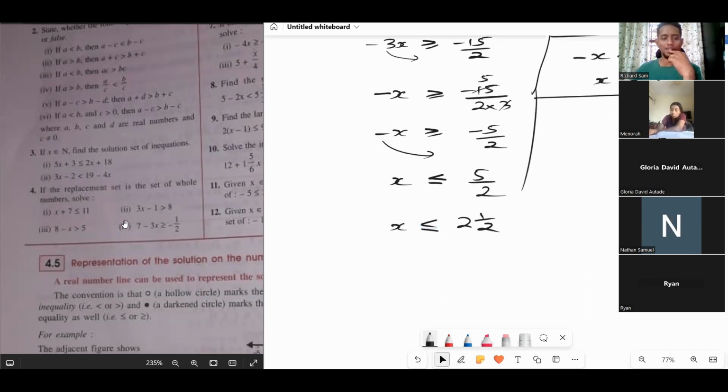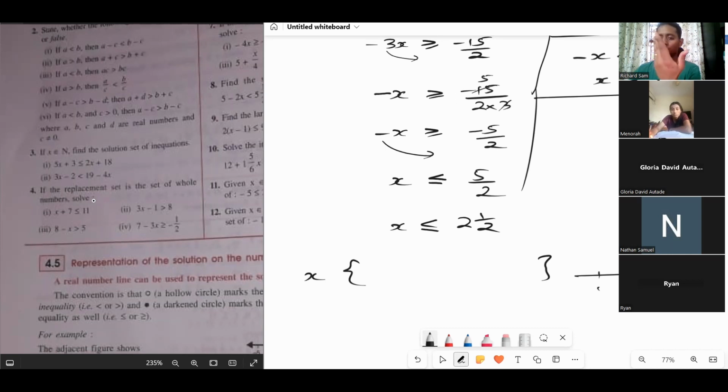Now you have to write this as a replacement set. So what will the values of x be? Remember, x is a set of whole numbers. So tell me all the whole numbers which are less than or equal to 2, 1 upon 2. See on the number line, this is 1, this is 2, this is 3. Where is 2, 1 upon 2? Should be here, no? Between 2 and 3.